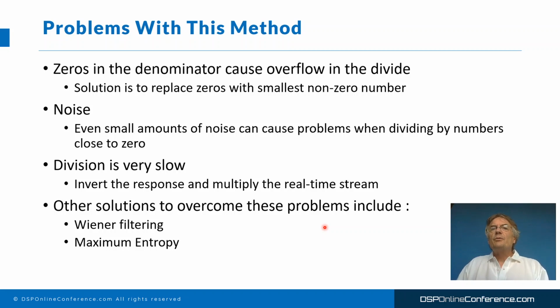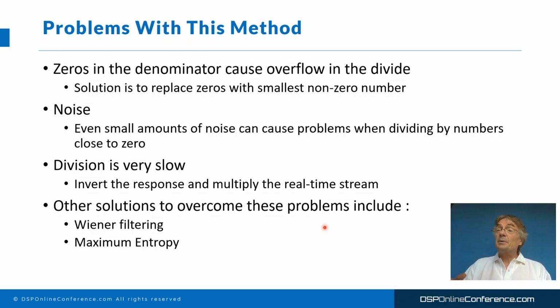So we've removed that. What other problems with divide is noise. Even small amounts of noise cause problems when dividing by numbers close to zero. But the other problem is division is very slow.